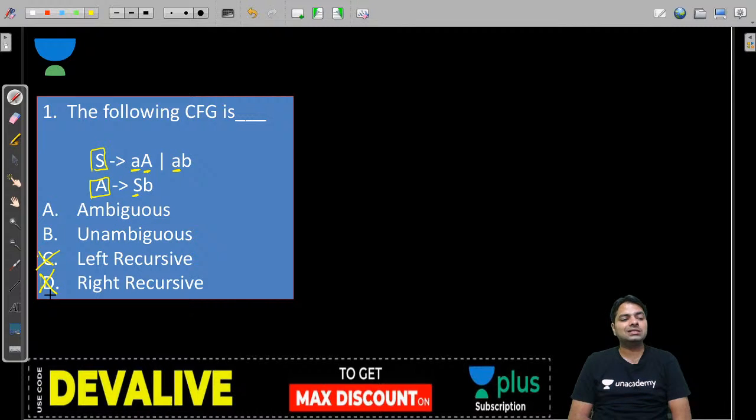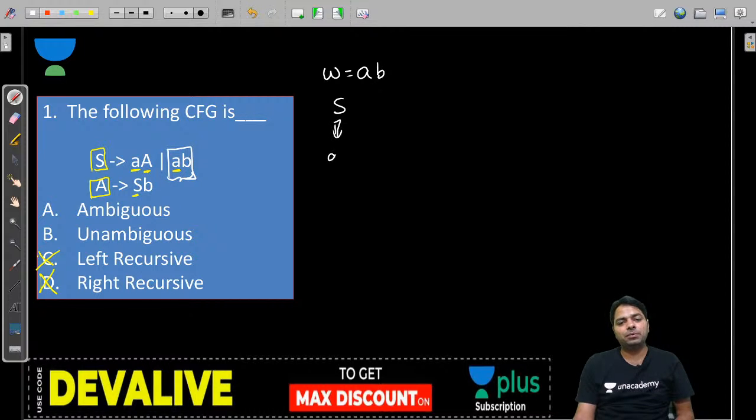The only two options left: ambiguous and unambiguous. How do you find out? Always we should start with the minimum string, like AB is the minimum. That's only one option: start with S and produce AB. And what else do you have? You have the string AABB.